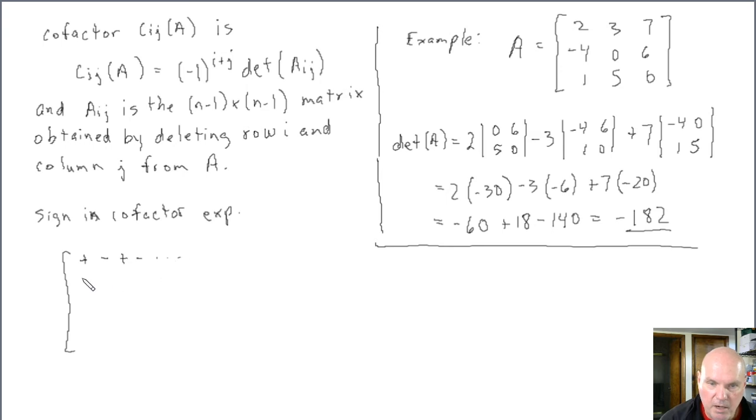Then the first element in the second row would be a minus sign. Second element, again, the signs would alternate. So they just alternate as we go along any row and column in this manner.